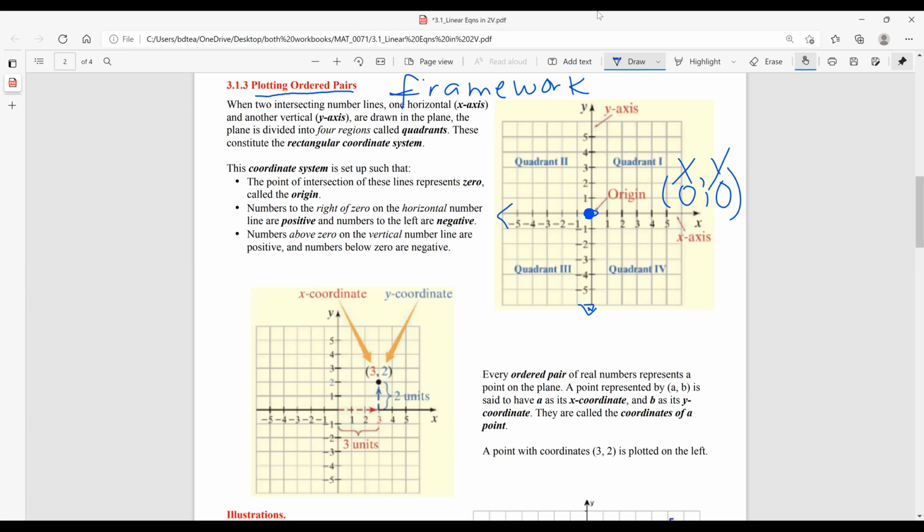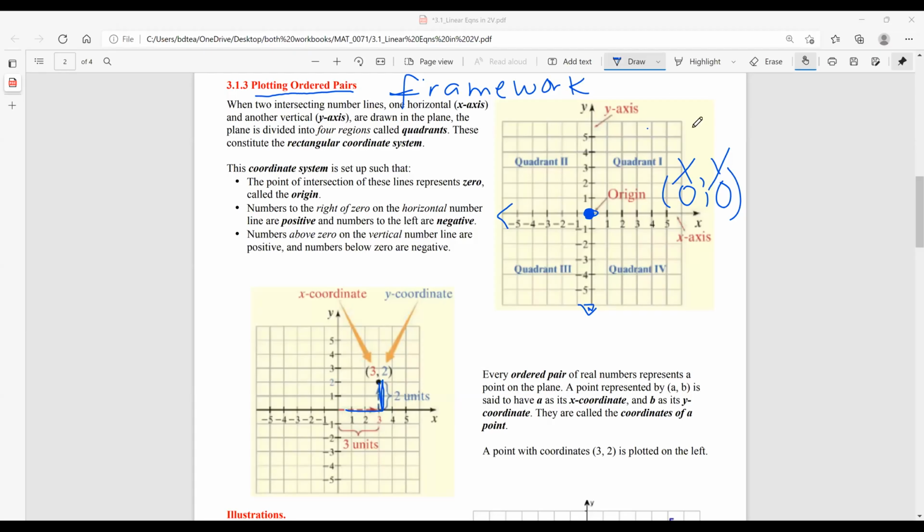When we plot this point, you start at the origin, go 3 units to the right and 2 units up on the y-axis. This is the point 3, 2. So you have to think about the framework as we are plotting ordered pairs, and note that one point has 2 coordinates, an x coordinate and a y coordinate.